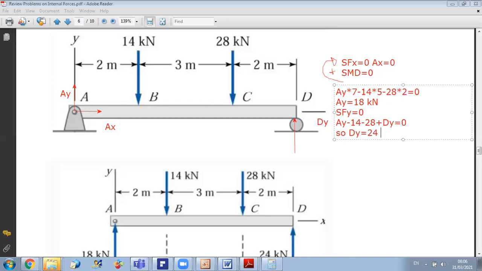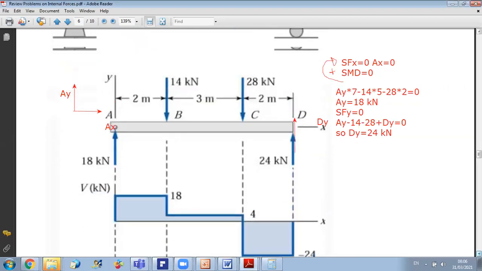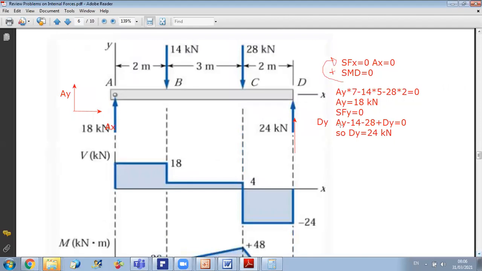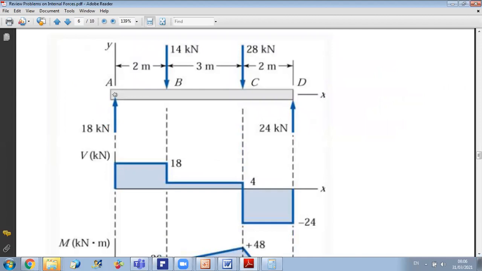Once I have my external reactions, I can start to build my shear and bending moment diagram. Always for shear and bending moment diagrams, draw the diagrams close to each other, one below the other, because this will help you, as we will see here. So first, to present just the shear diagram, we start from A. At A, we have an upward force, and an upward force will cause a positive jump in shear.